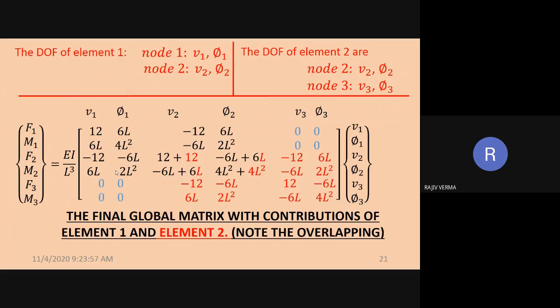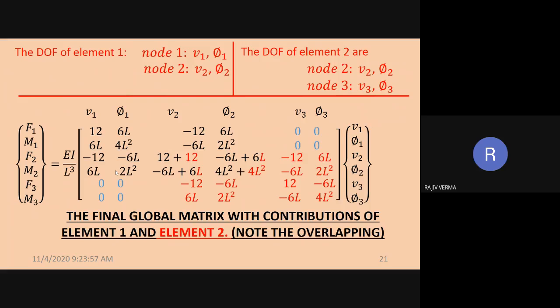So this is what you get as the assembled global stiffness matrix. The contributions from the first element are written in black, and the contributions from the second element have been written in red. The columns and rows corresponding to V2, phi 2 obviously have contributions from both the elements.